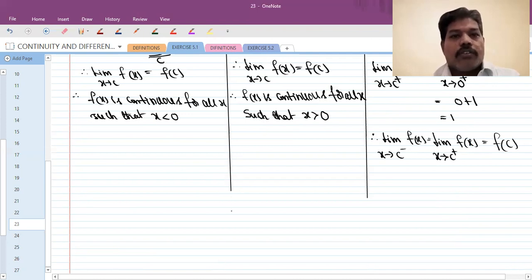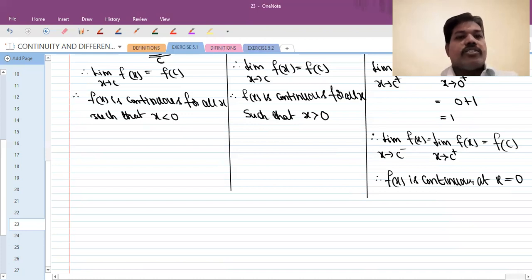Therefore, f of x is continuous at x equal to 0.